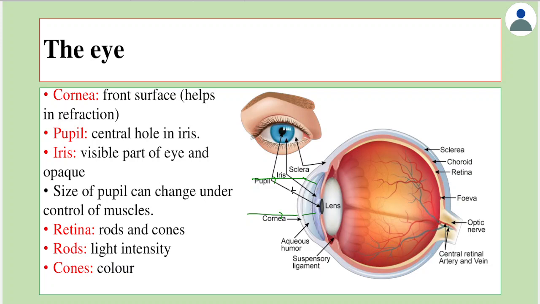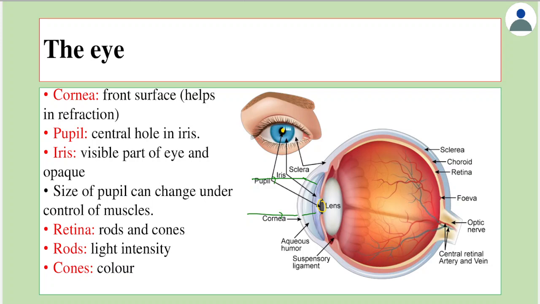After falling on the iris, light would fall on this dark part called the pupil. This is basically a central hole in the eye. As seen here, this iris is like a central hole in the eye. Its size could be changed.